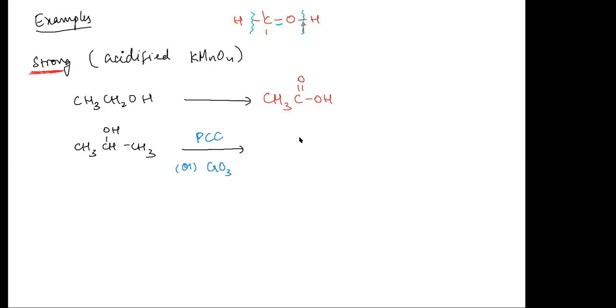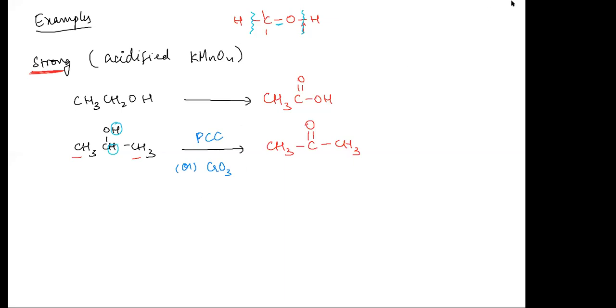Will it be an aldehyde or a ketone? See, there is removal of this H, removal of one more H, and the single bond changes to a double bond. So you have CH3, which remains the same, attached to C, and the other one also remains the same, just that the OH turns into a double bond O.